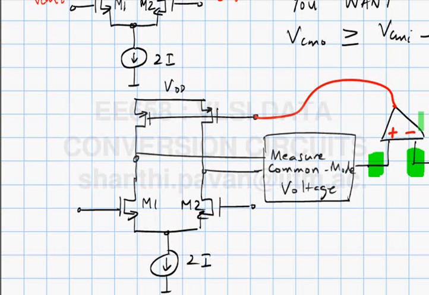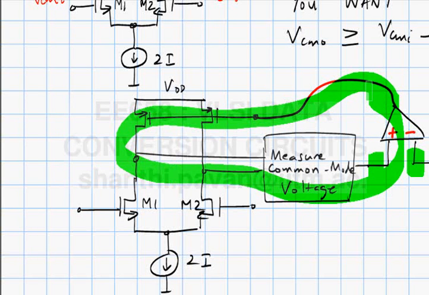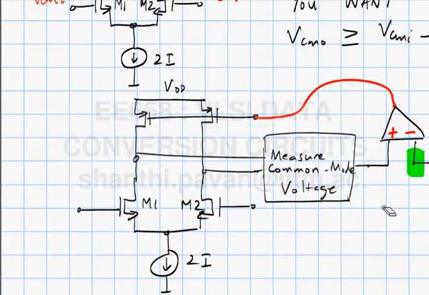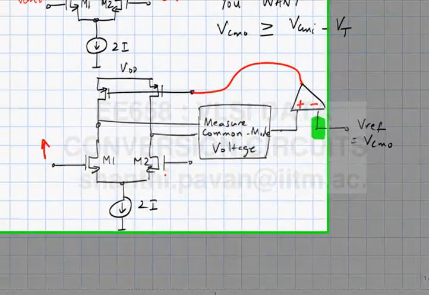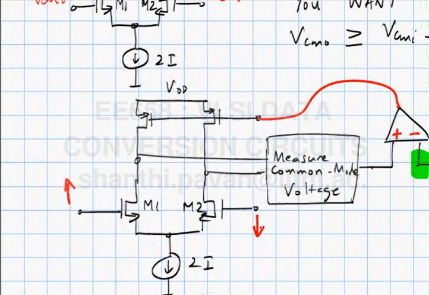Please note that this loop only operates on common mode signals. So if, for example, you now apply a differential mode voltage input, so if this goes up and this goes down, what do you think will happen to this node? This will go down and this will go up by equivalent opposite amounts, as long as the input differential voltage is small.